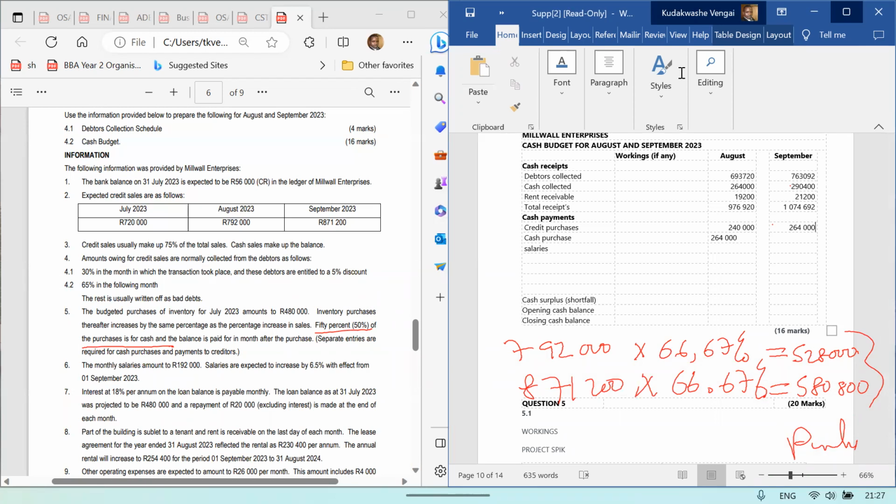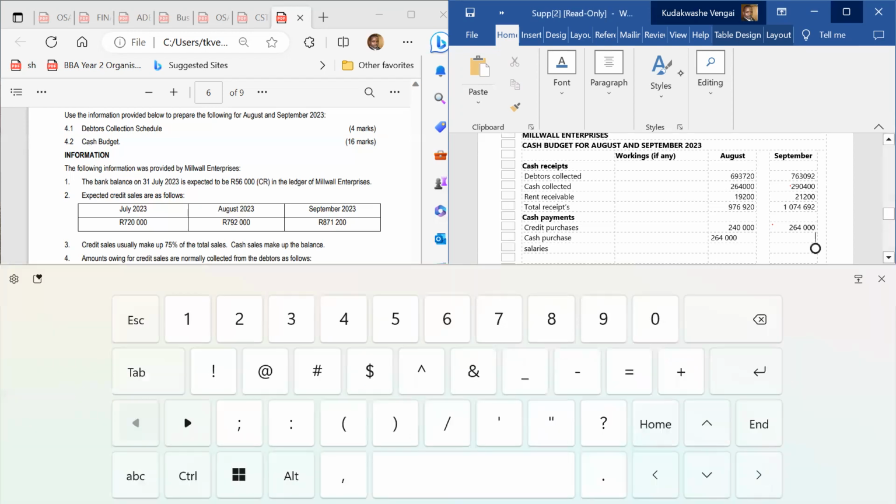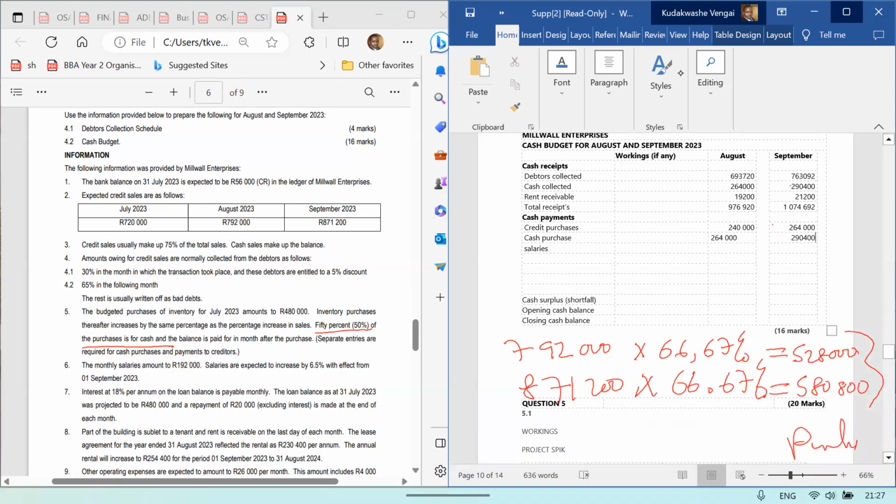That gives you 290,400. So under cash sales for September, we have got 290,400. Then the other balance should be in October, but we don't have a column for October, so we are not worried about October, right?